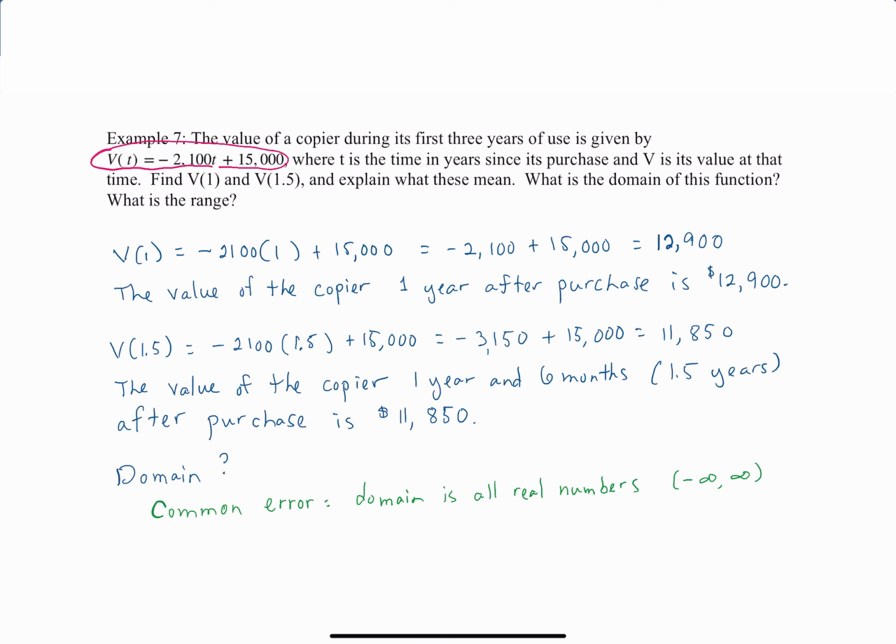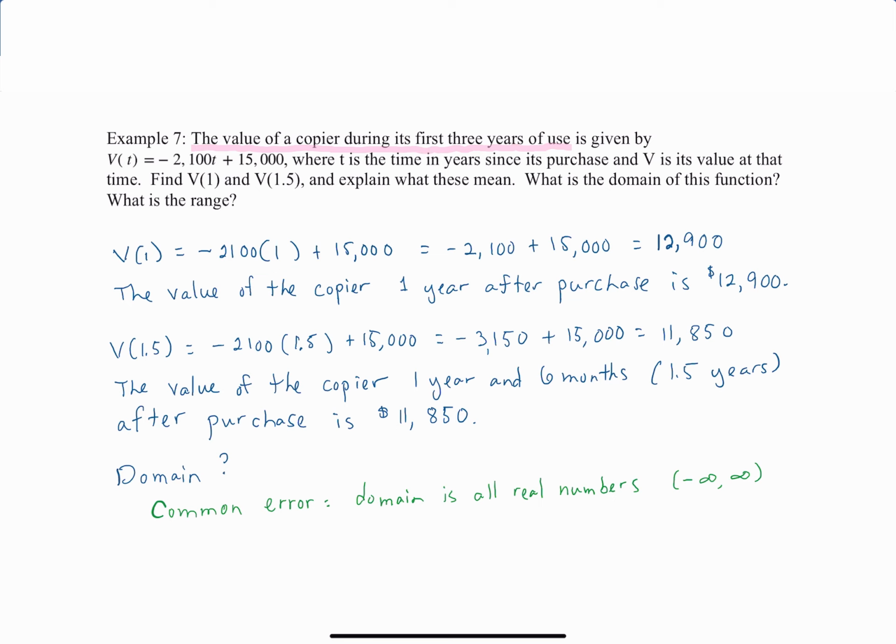But this function isn't standing alone. It's part of an applied situation. So we have to look at the words that describe that situation. And if we say all real numbers, what we're missing out on is that the setup here says the value of the copier during its first 3 years of use. This function does not apply after 3 years go on.